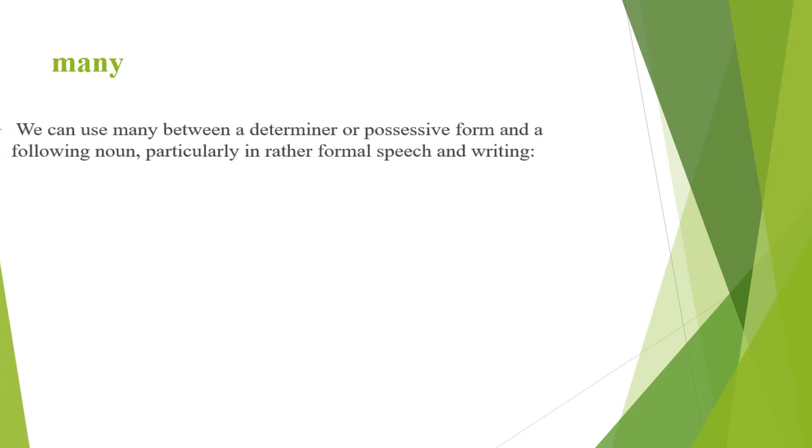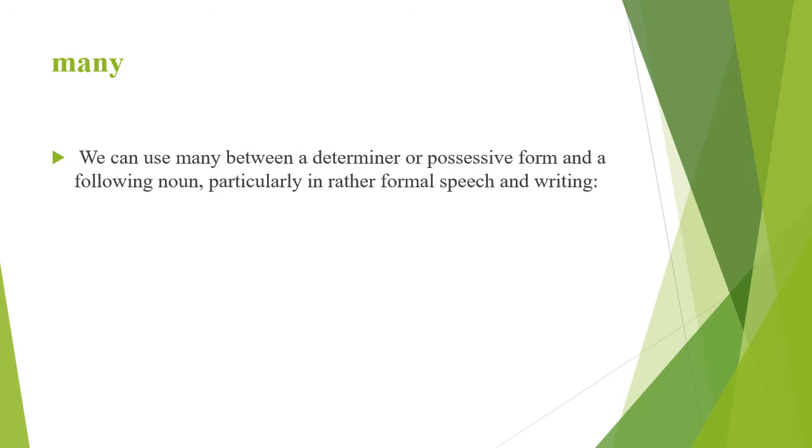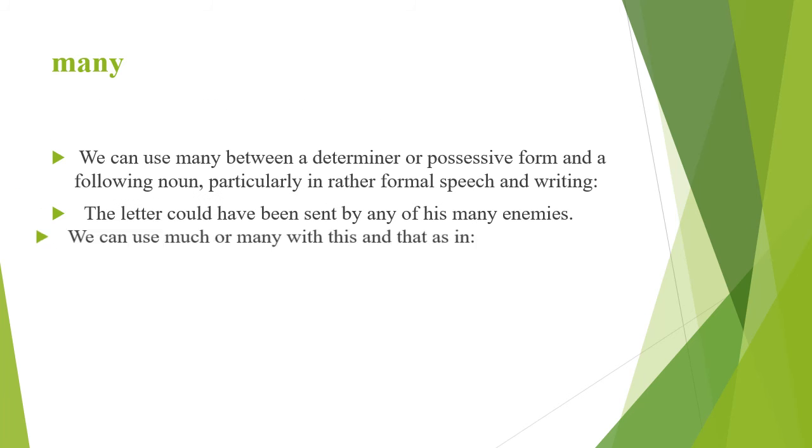Now students, let us move to many. We can use many between a determiner or possessive form and a following noun, particularly in rather formal speech and writing. Look at these examples.